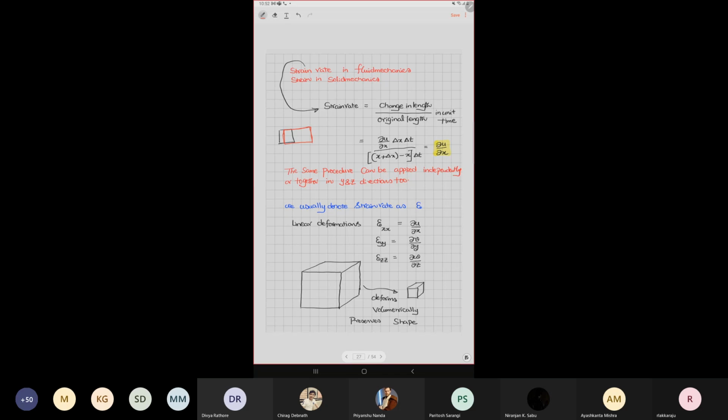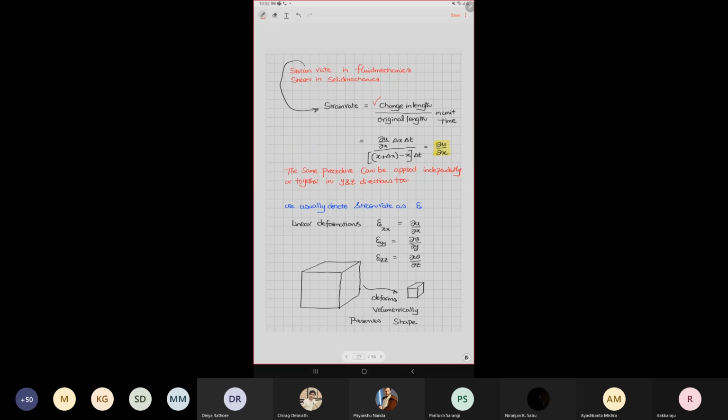We already know the length is delta x, between x and x plus delta x. The change in length is del u by del x multiplied by delta x multiplied by delta t. This is the change in length, and that is what we would like to quantify.